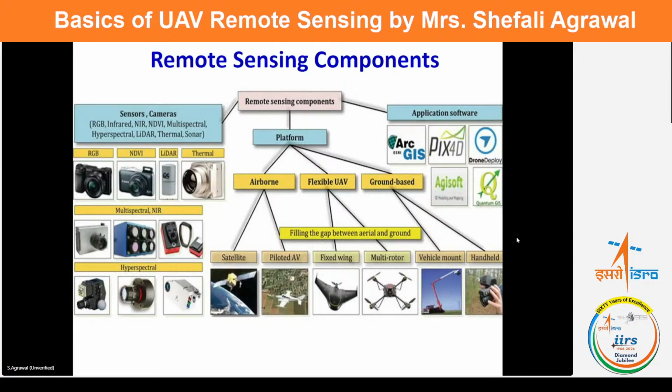In between the ground and the air-based, we have another platform which has of late been widely used in the remote sensing community: the unmanned aircraft, or what is more commonly known as drones. These drones are filling the gap between the aerial and the ground platforms, and they provide centimeter to decimeter spatial resolution.